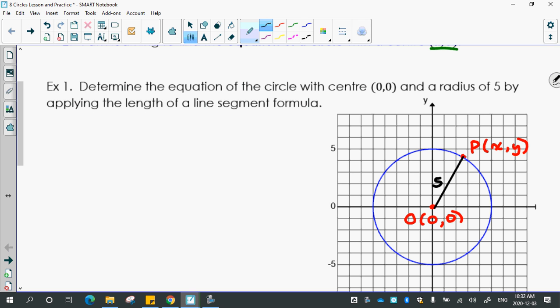So if I use my distance formula based on these 2 points, and I label this one x1, y1, and this one x2, y2, and I'm just going to recopy this distance formula that we used this morning.